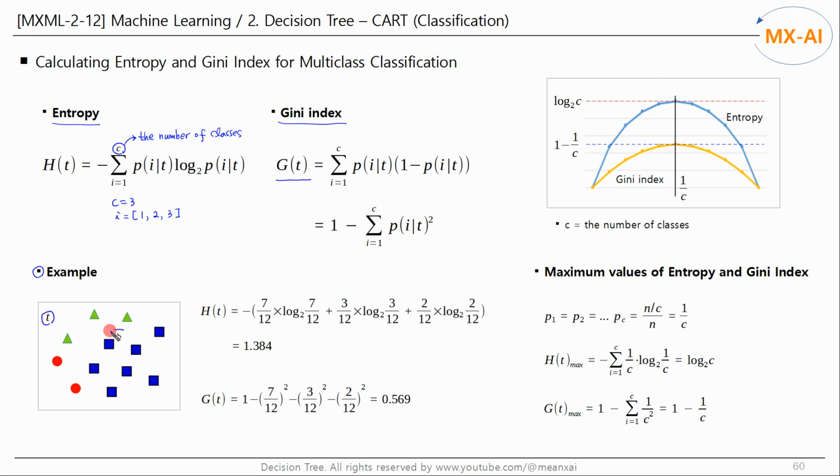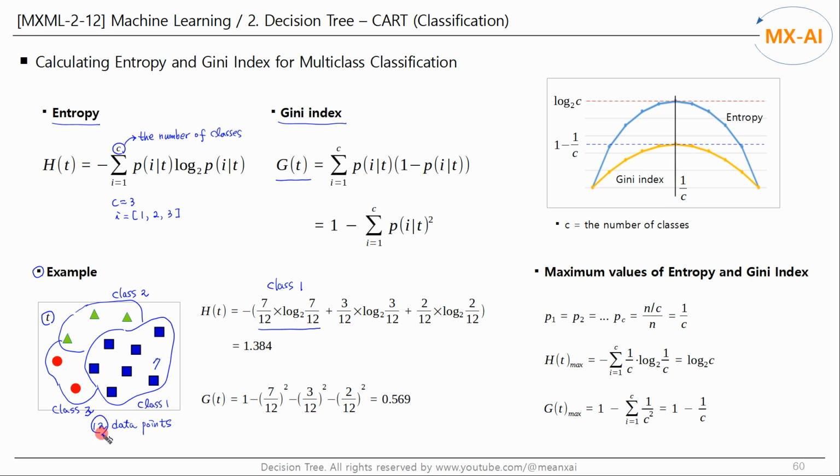Suppose node T contains 7 data points from class 1, 3 data points from class 2, and 2 data points from class 3, for a total of 12 data points. First, we calculate the entropy contribution for class 1.